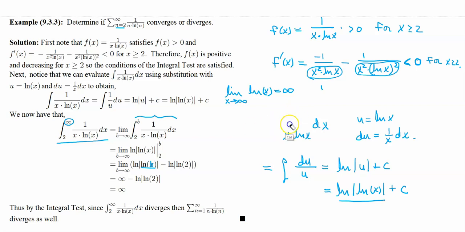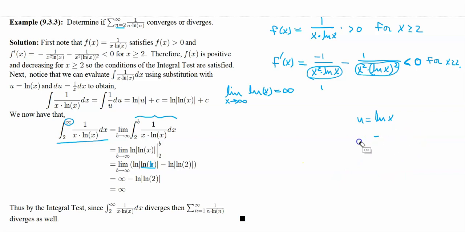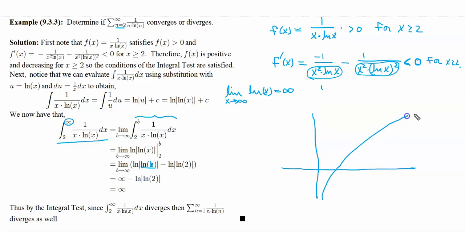Let me just graph the natural logarithm function for you here. Remember, the graph of the ln of x looks like this. It keeps going all the way up to infinity as x goes to infinity. So certainly this is true. Since the ln of b is going to infinity, the ln of the ln of b will also be going to infinity. So this piece right here is approaching infinity.